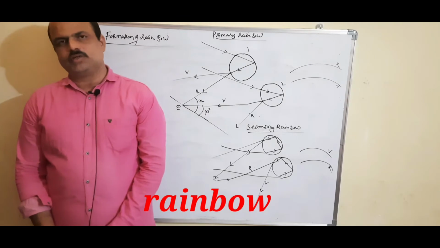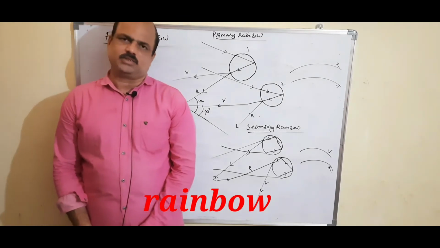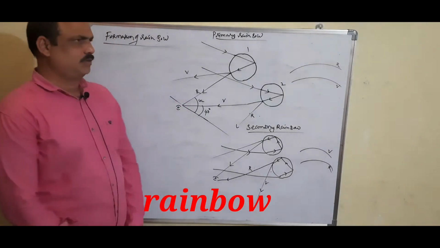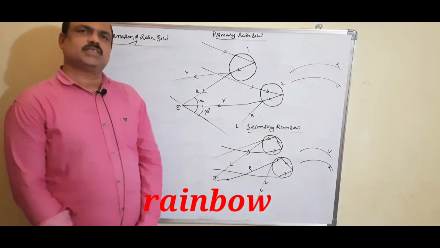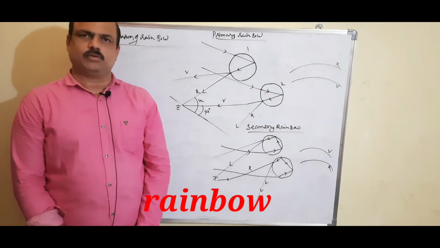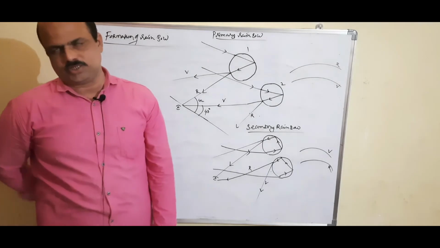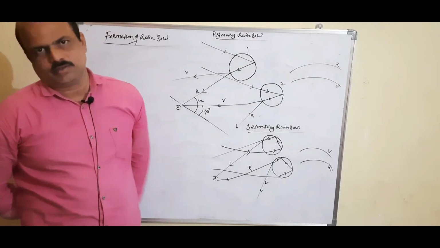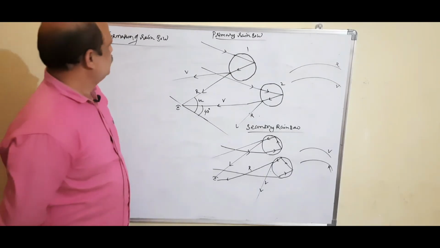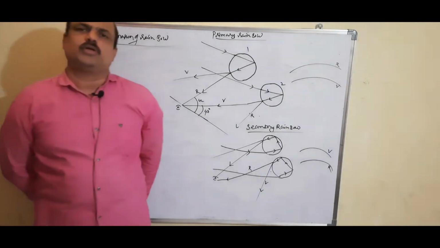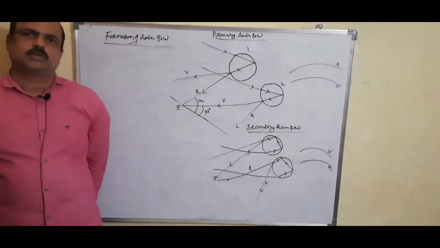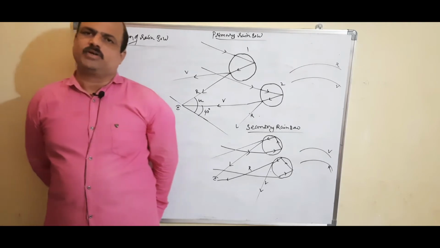So now we are going to discuss applications of dispersion. Rainbow is the best example of dispersion of light in the atmosphere. So how is the rainbow formed? What are the conditions required to see the rainbow?